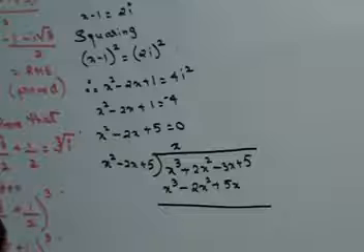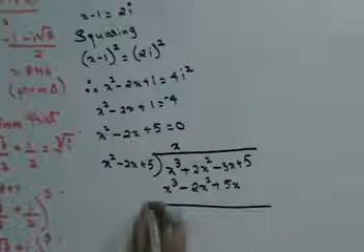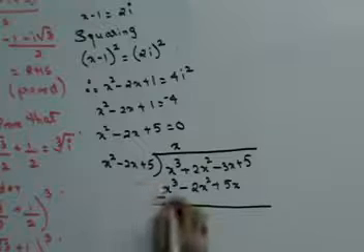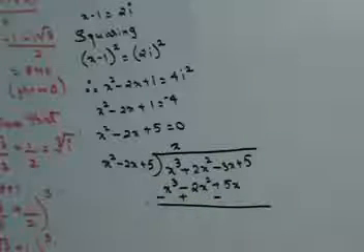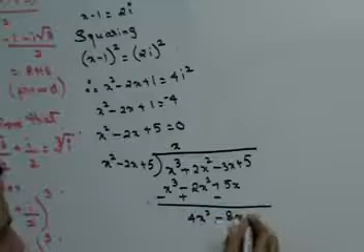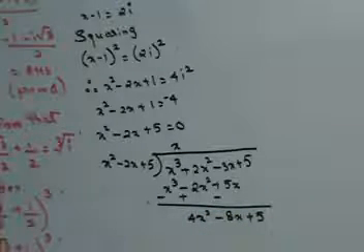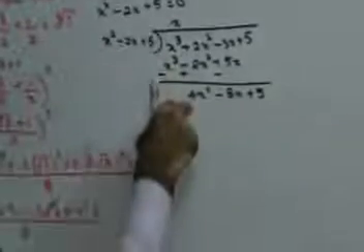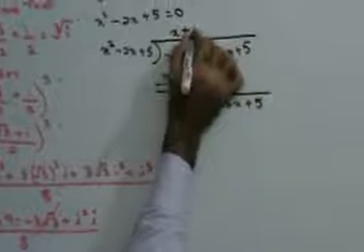Subtract. When you subtract, the sign of all the numbers change. So this becomes minus, this becomes plus, this becomes minus. So this will become 4x square minus 8x plus 5. Now, what should I multiply x square with in order to get 4x square? 4.